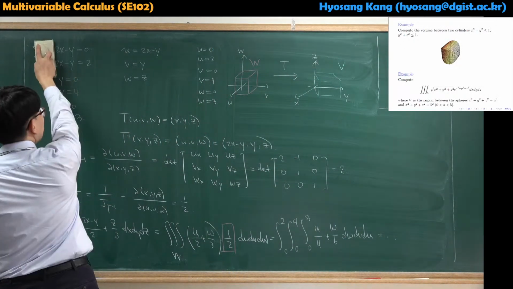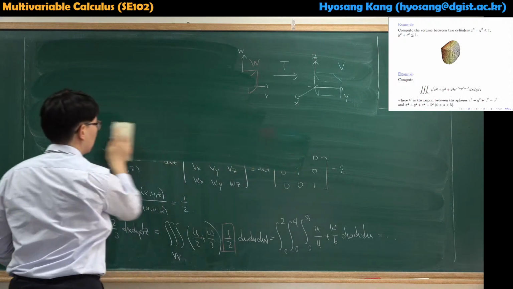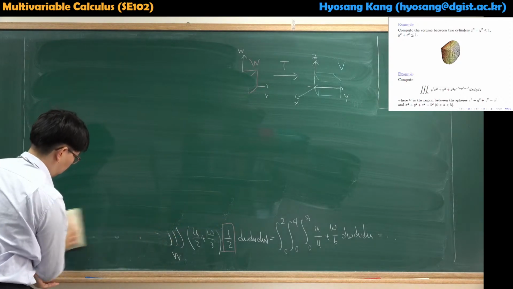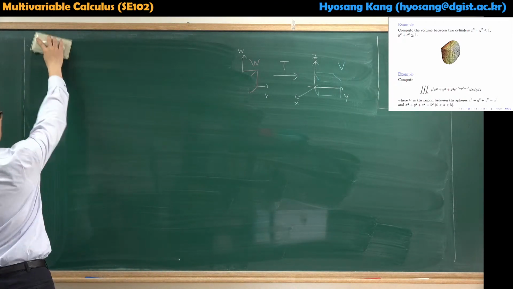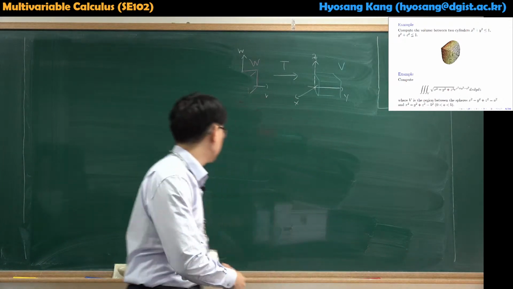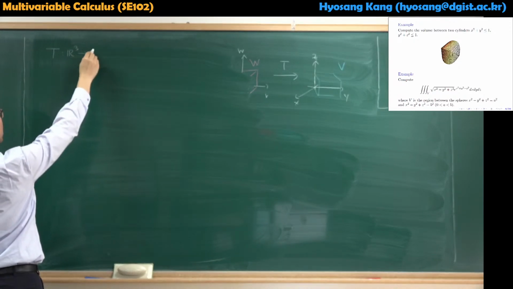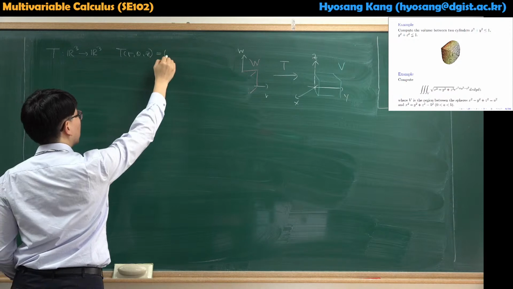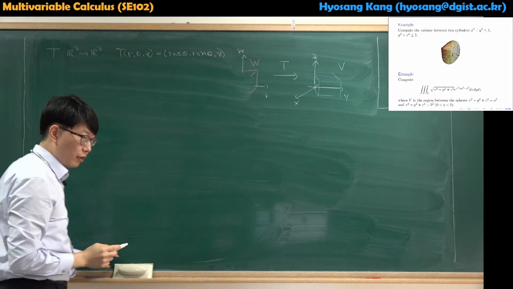T is defined from 3-dimensional space to 3-dimensional space as (r, theta, z) goes to (r cosine theta, r sine theta, z). This is called the cylindrical transformation.